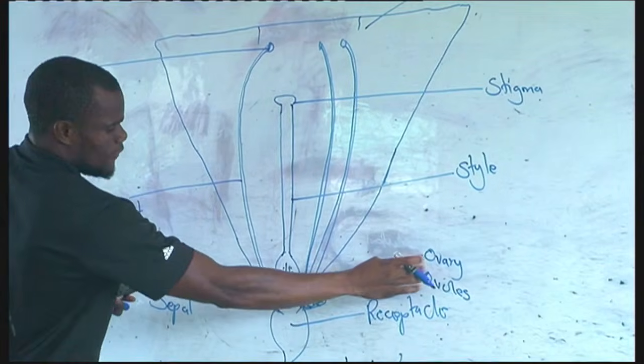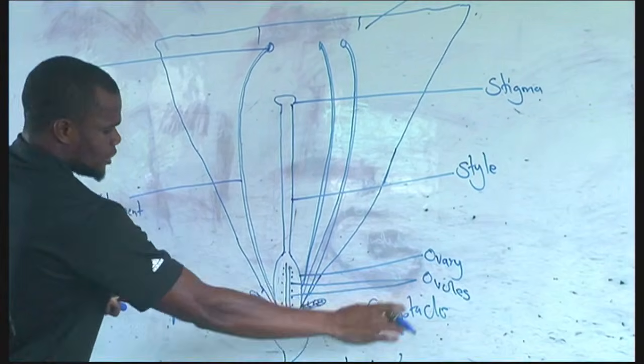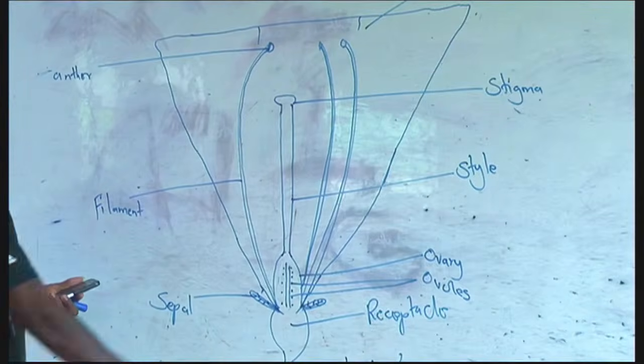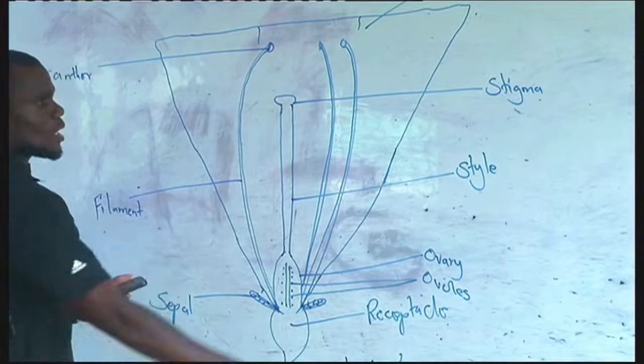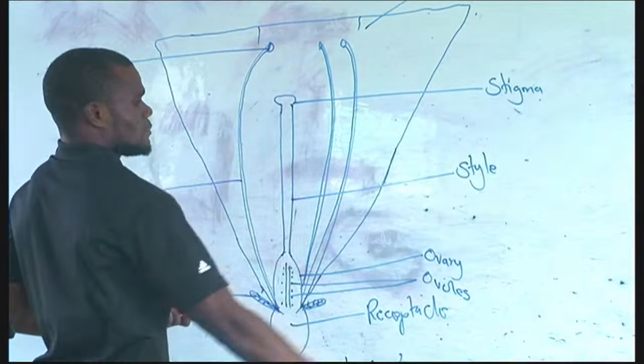We have the ovary, with the ovules found within the ovary. We have the style. We have the stigma.